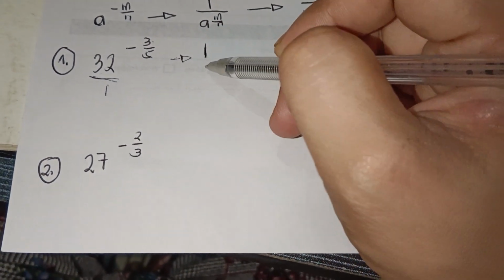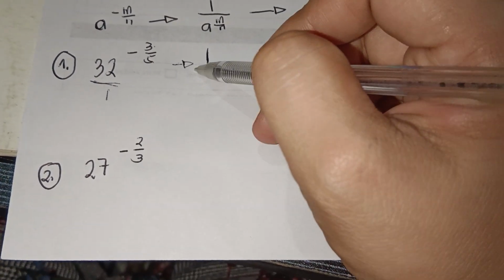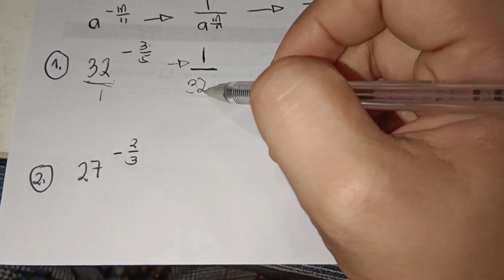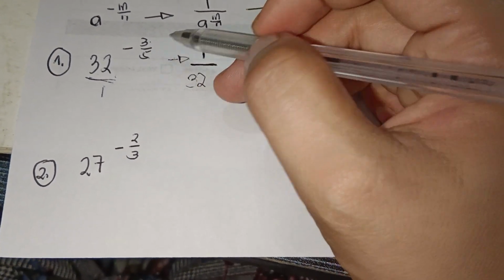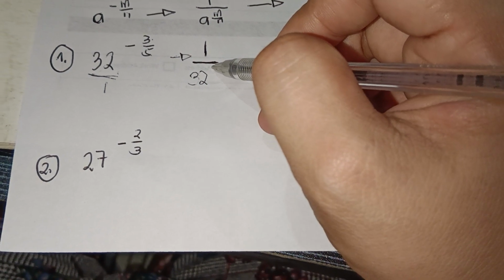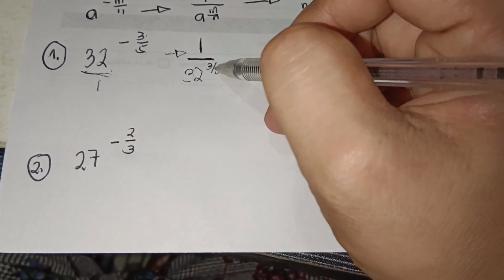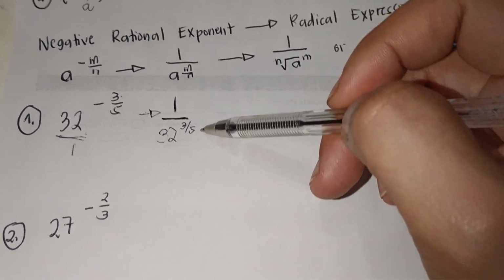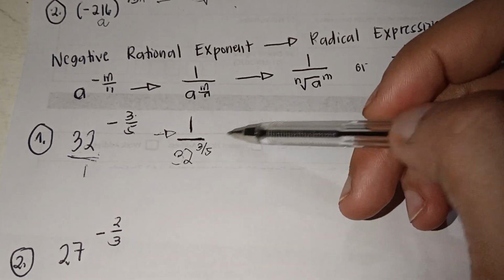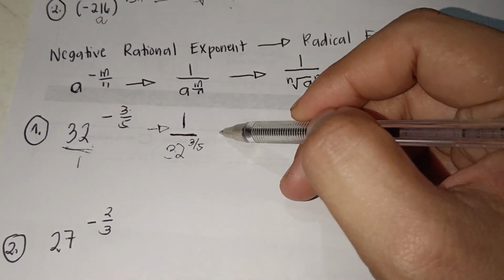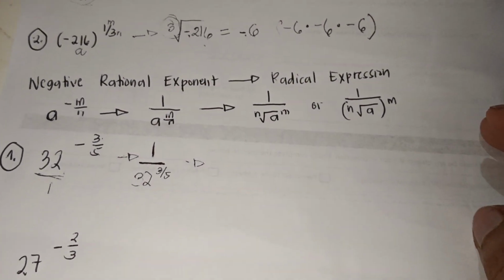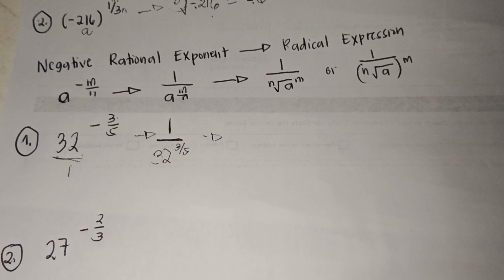So, visible na po yan sa taas, over 32, copy nyo po, 32, tapos from negative 3 over 5, magiging positive 3 over 5 na po siya. Okay? So, after that, rational exponent na po siya na positive yung exponent. So, this time, pwede na po natin siyang rewrite into radical expression.